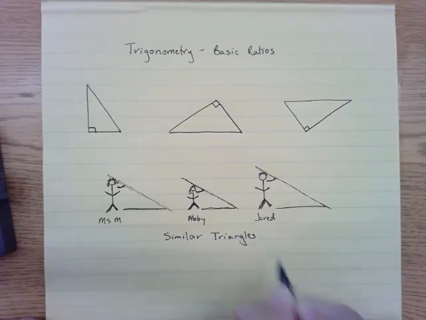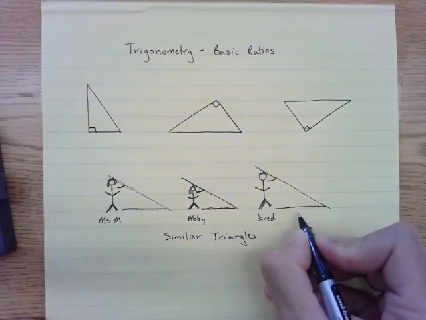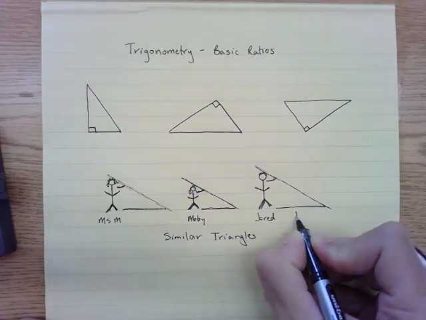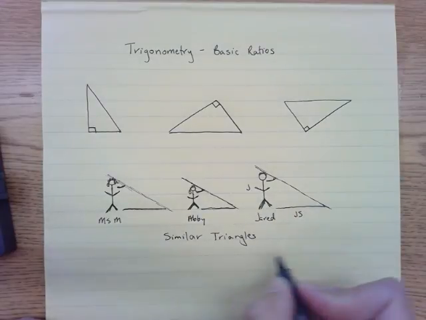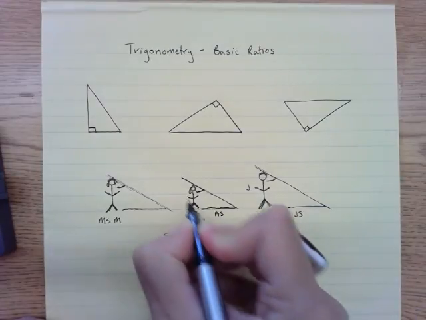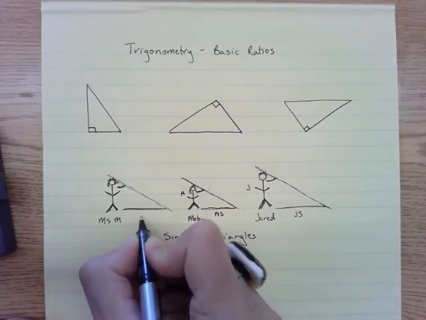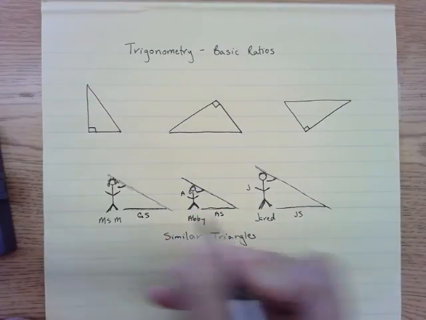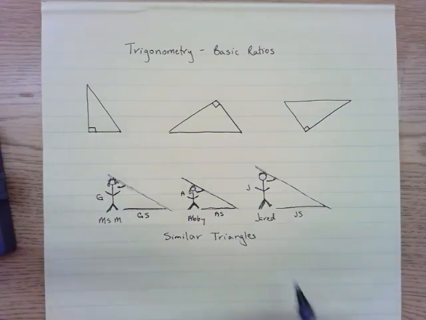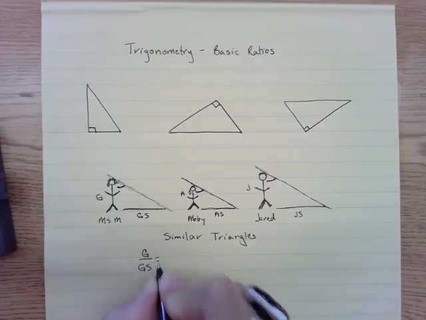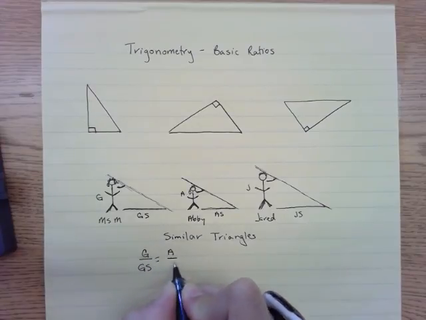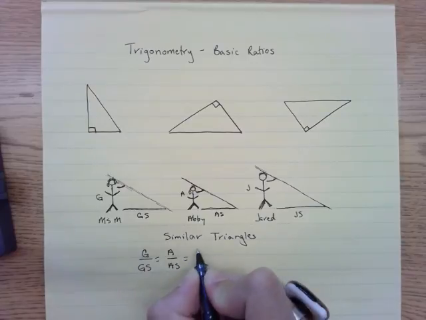Okay? So the ratio of Jared's shadow to Jared is going to be the same as Abby's shadow to Abby, and my shadow, I'm Gia, to me. Okay? So if I look at any of these ratios, I can state this very specific equation: me to my shadow is going to be exactly the same as Abby to her shadow and Jared to his shadow.